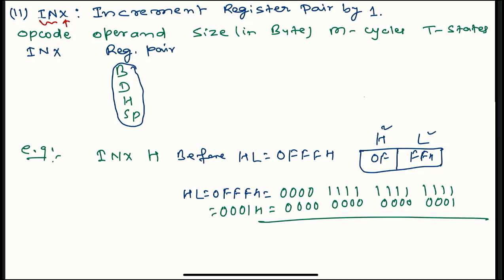So 1 plus 1, sum will be 0 and carry will be 1. Again 1 plus 1 plus 0, sum will be 0, carry will be 1.